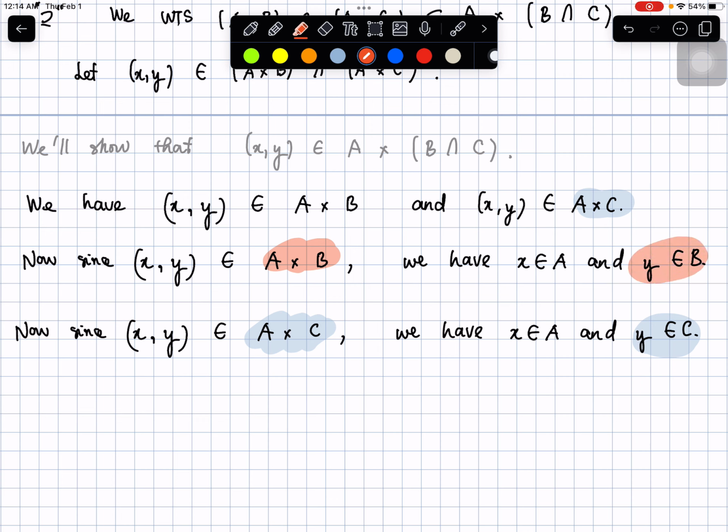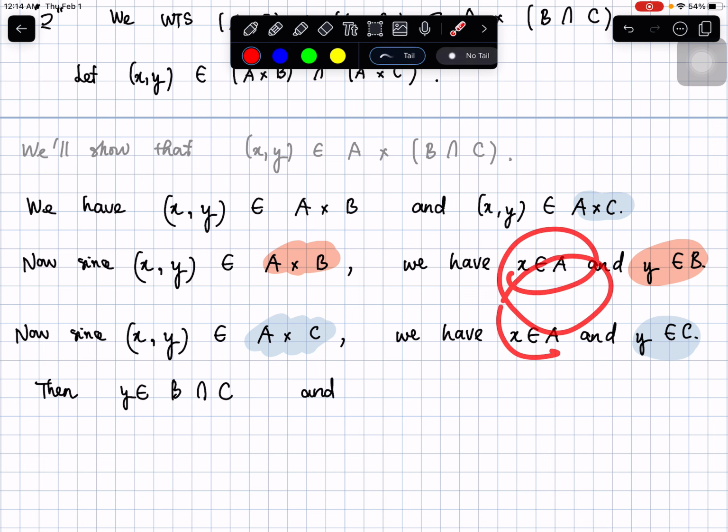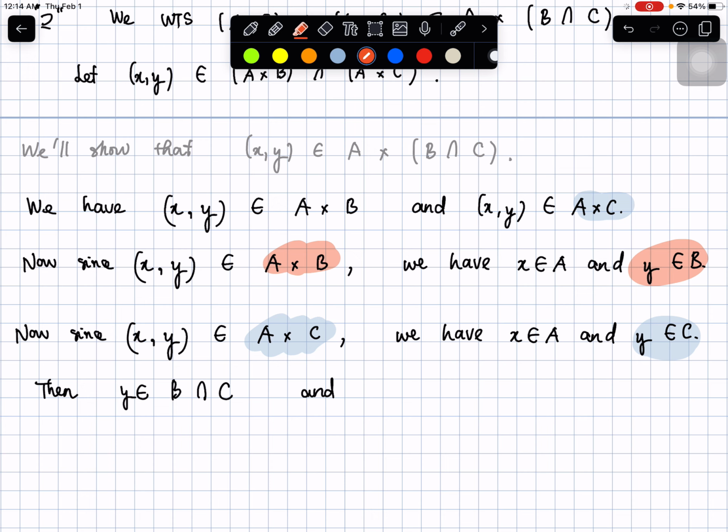So we have y is an element in B here, y is an element in C here. Therefore, y must be an element in B intersect C, right? And we also have x in A.